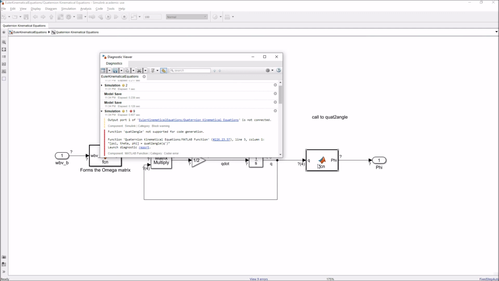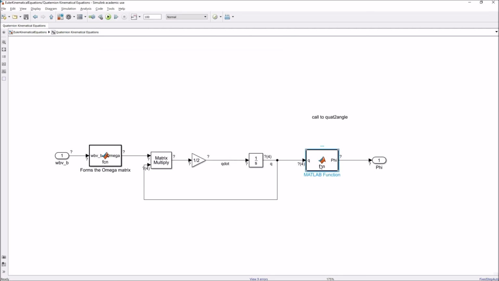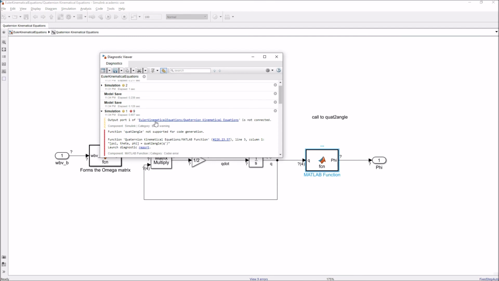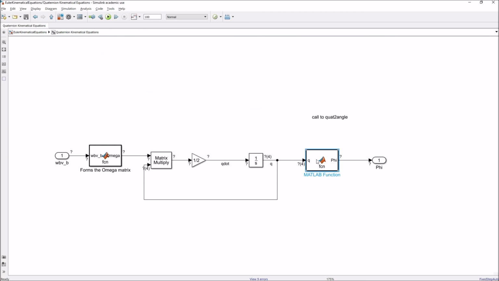So you can't use every MATLAB function within a MATLAB function block. That is really confusing. In this case, we see that you can't use quat-to-angle within this. Now, there are ways to get around this, but I think the easier way is to just not use this MATLAB function block to make this call.